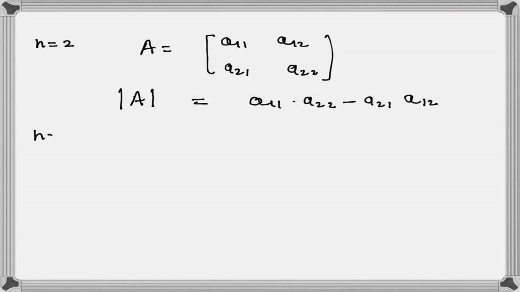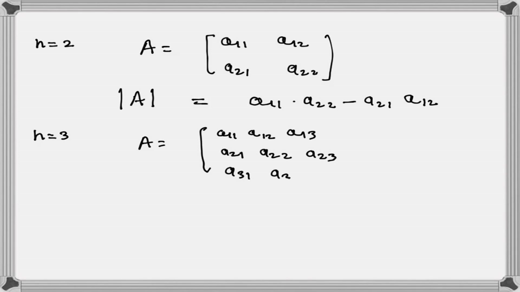When n is equal to 3, then A is equal to a11, a12, a13, a21, a22, a23, a31, a32, a33. Then how do we define the determinant?